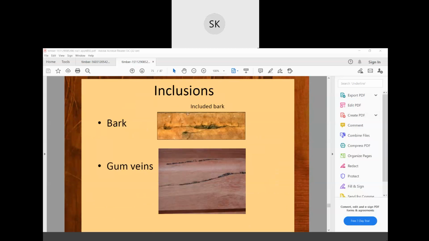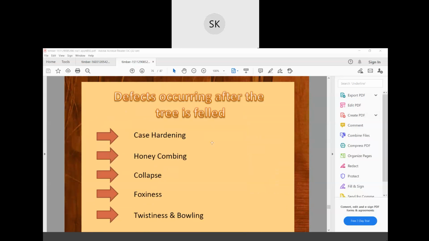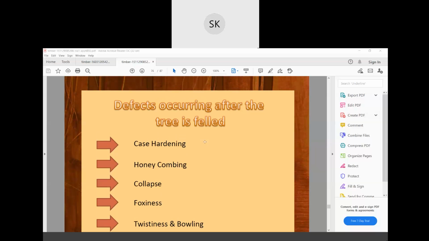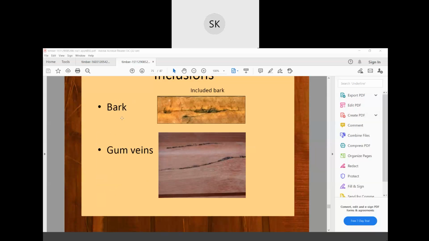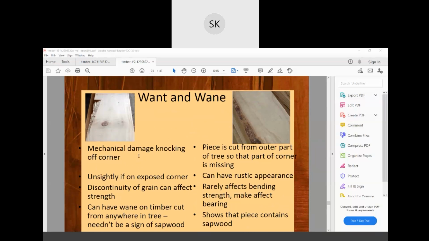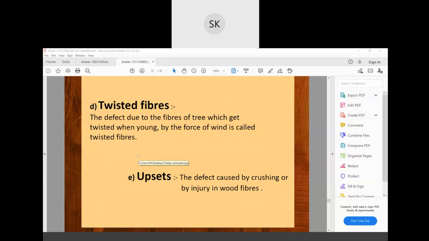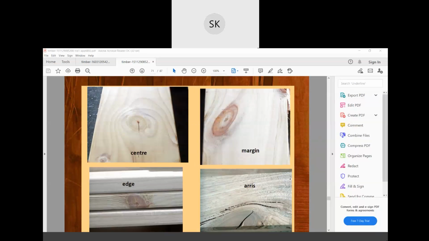This is a bark, this is a gum vein. This is also a kind of defect. Now, defects occurring after the trees fell. So till now we discussed all the natural defects: bark, gum veins, wane, burl, coarse grain, twisted fiber, upsets.